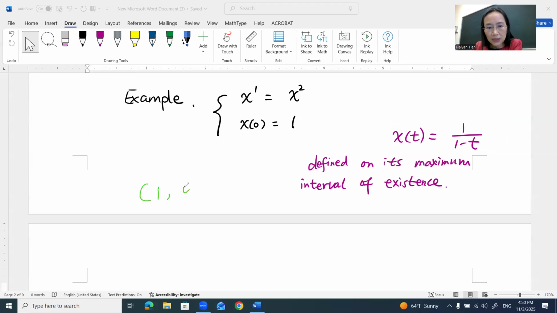So the interval where the solution curve is defined could be this, or it could be this. Which one of the two intervals? Is it from 1 to infinity, or the other one, from negative infinity to 1?